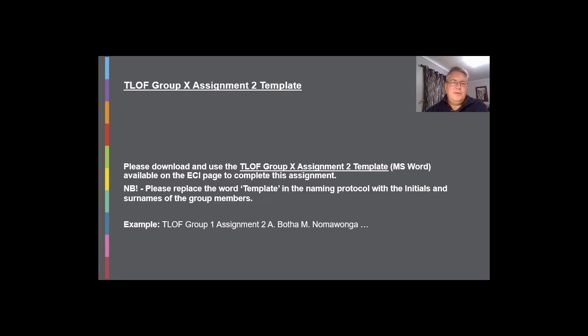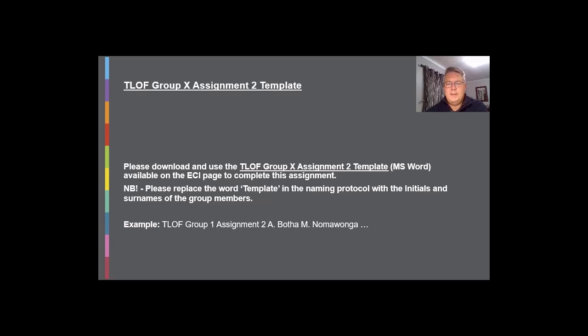Also, very important: most of you have done this, but there were a couple of groups that didn't quite follow my request. Please replace the word template in the naming protocol, which you can see underlined there, with the initials and surnames of the group members. Just list your group members there as part of your title.